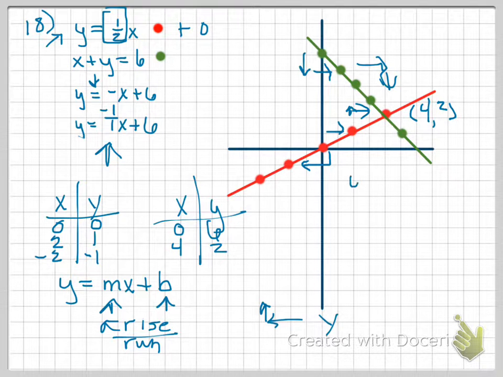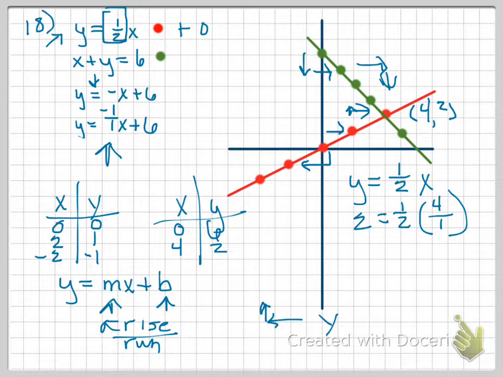So let's do the first one quick. Y equals 1/2 x, where y is 2, and x is 4. And because I have a fraction, I'm going to do 4 over 1. And we know that 4 over 2 is 2, and we can simplify that where 2 equals 2.